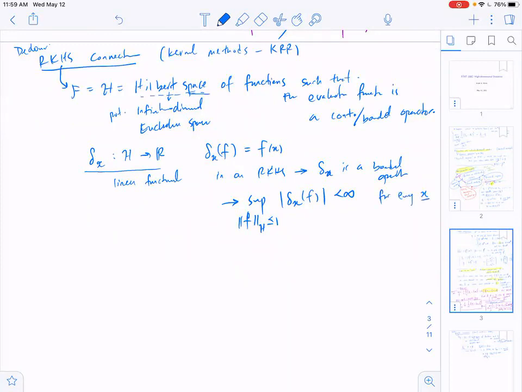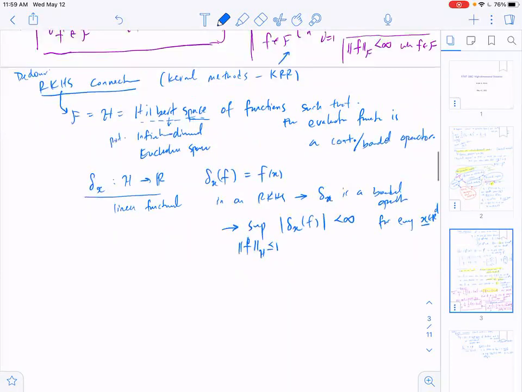Every evaluation functional fixes x and just evaluates every function at that x. So for every x in R^d, let's say, these are functions from R^d to R. They could be more general. But because these functions are in an RKHS, they're bounded.